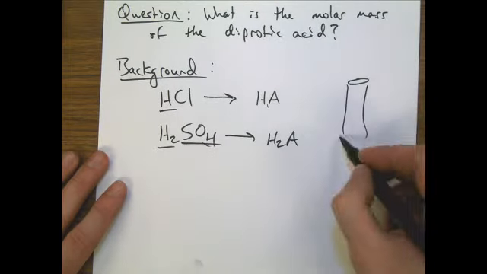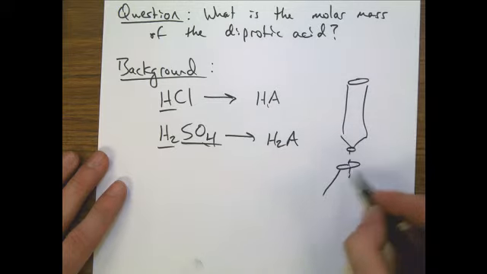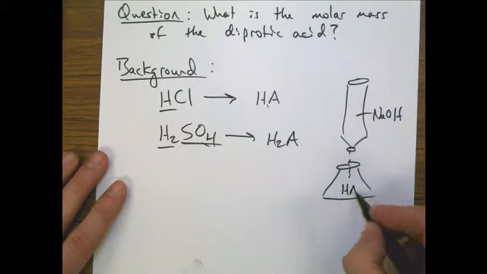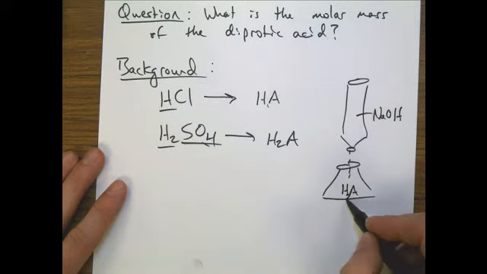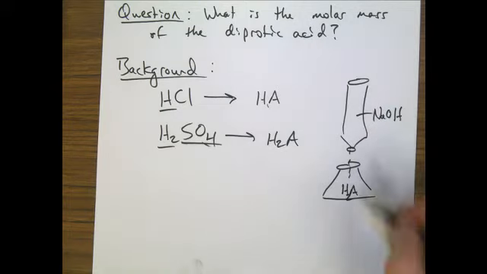So just as a quick little picture example that you do not need to write in your lab notebook, what's coming out here is going to be the NaOH, and what's going to be down here is going to be the H2A. If we measure the amount of NaOH it takes to react with a diprotic acid, then we can do some math to figure out its molar mass.